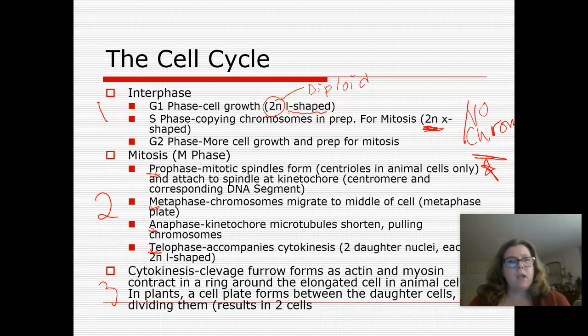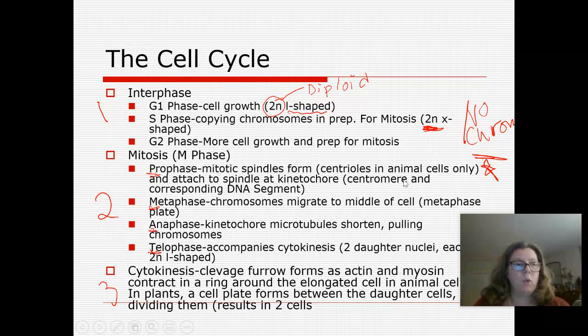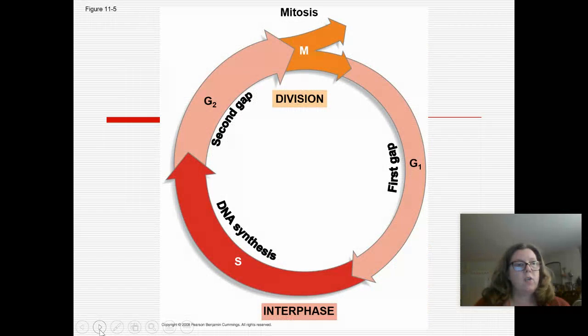In plant cells, that doesn't happen because the plant cell needs to lay down a new cell wall between the two daughter cells. So instead, you get a structure known as the cell plate that starts to get laid down between the two daughter nuclei, and that will eventually form the new cell wall. But either way, you're still dividing the cells there. All right, so we talked cellular DNA.